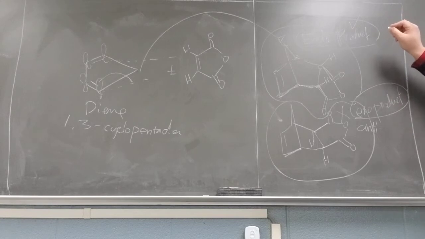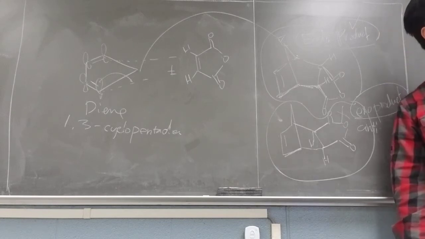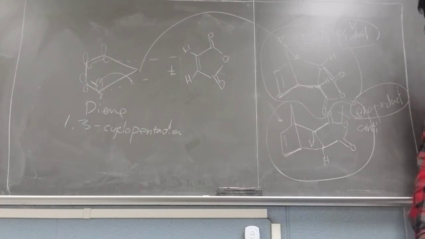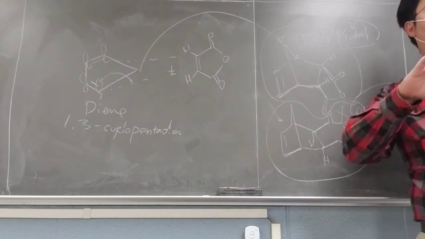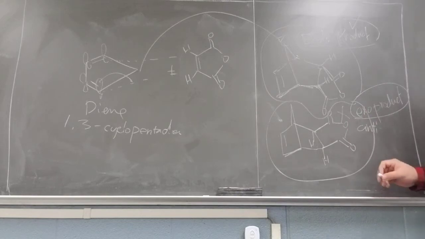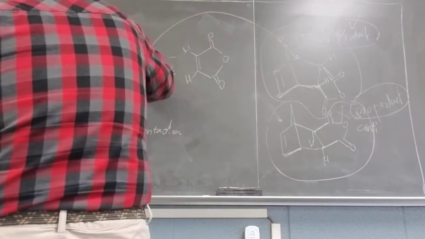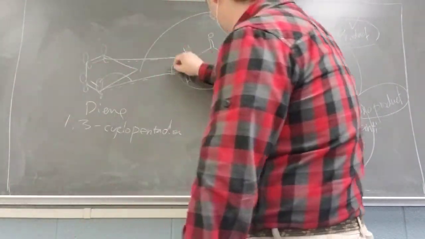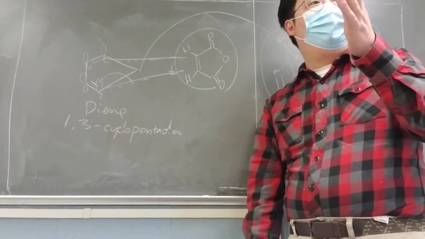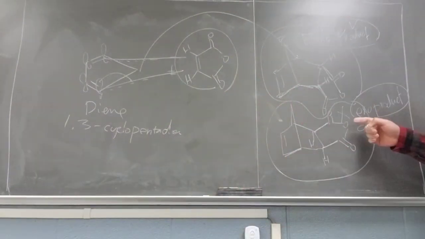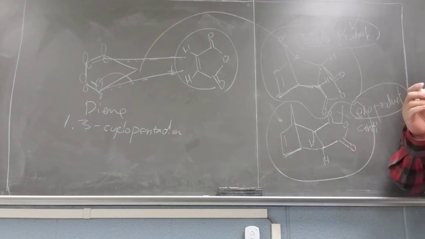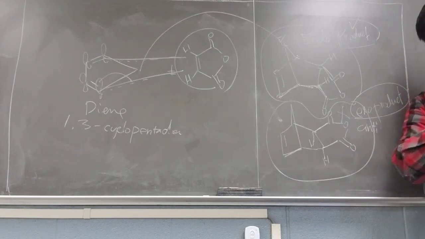To explain why, it would be really great if you can watch the last lecture, but it is because of the bigger area. The p orbital can overlap with the dienophile in the endo product positions. If you want to do it this other way, they only experience the smaller area.